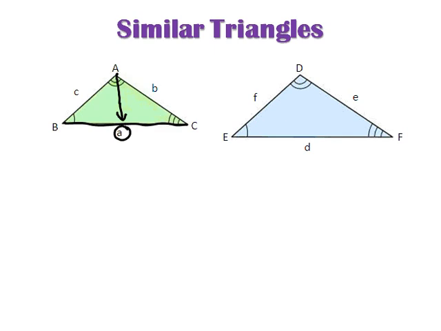So the length of little a, you can also call it by the two big letters. Just the same, this is little b, it's across from big B. You could also call it side AC. It's really up to you whether you want to use the little letters or the big letters.